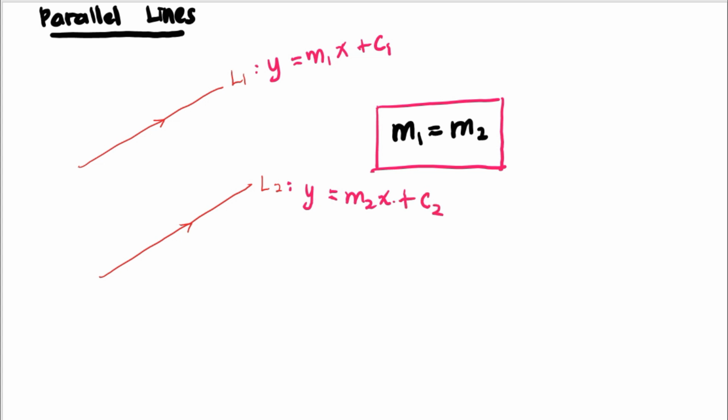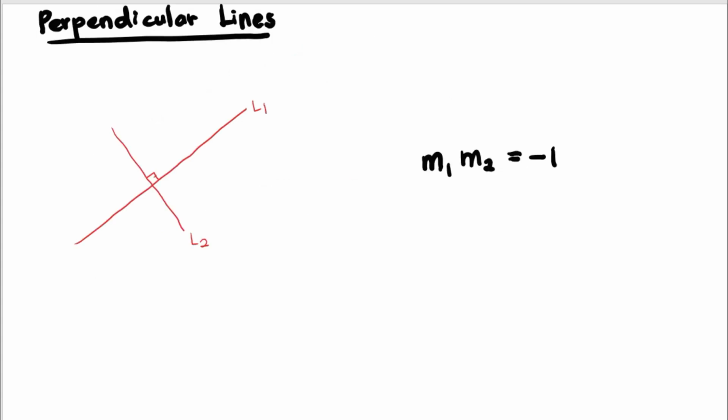In this case the gradients are equal because they are parallel. But if we have perpendicular lines, then m1 multiplied with m2 is equal to -1.